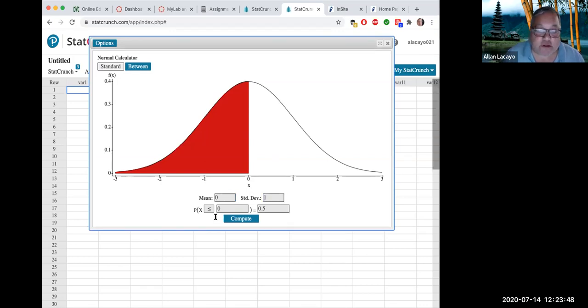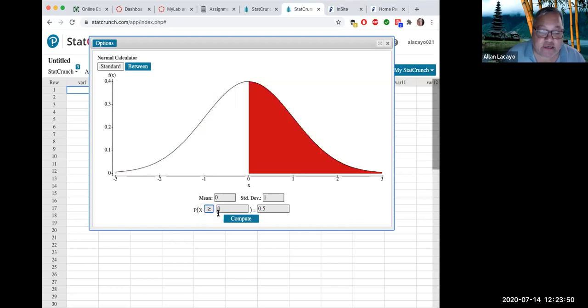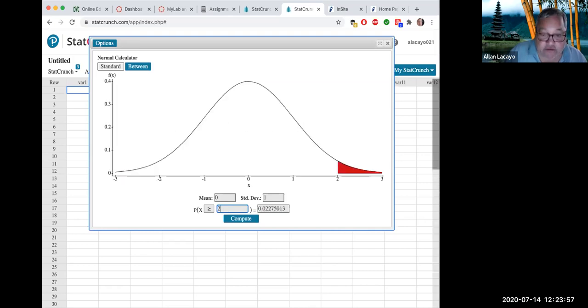And so if I want to know the probability of observing some numeric value that is 2 standard deviations above the average, the red zone indicates that that will have a probability of 2.2%. If something is at least 1 deviation above average, that's 15%.